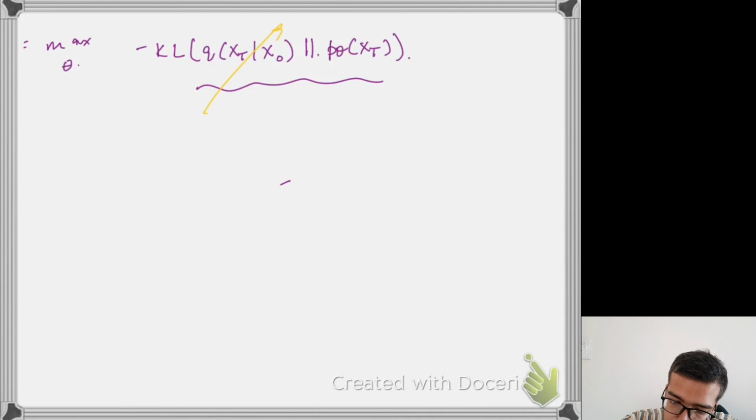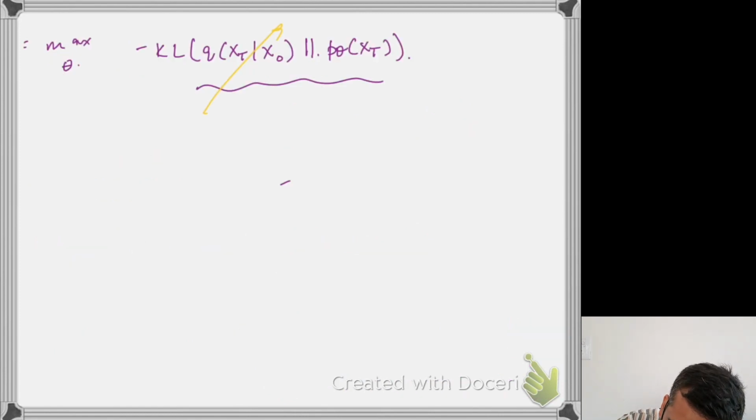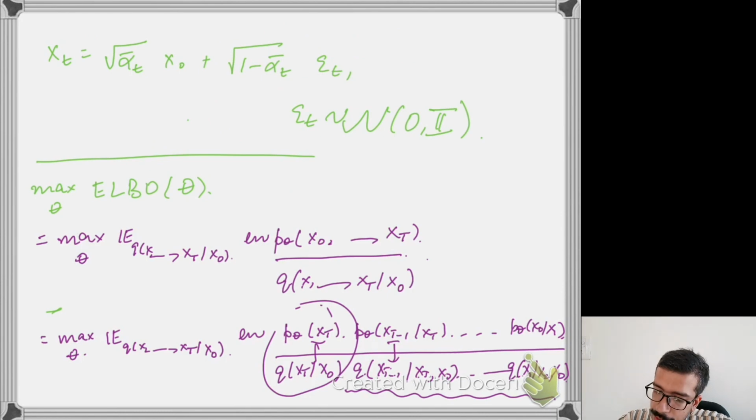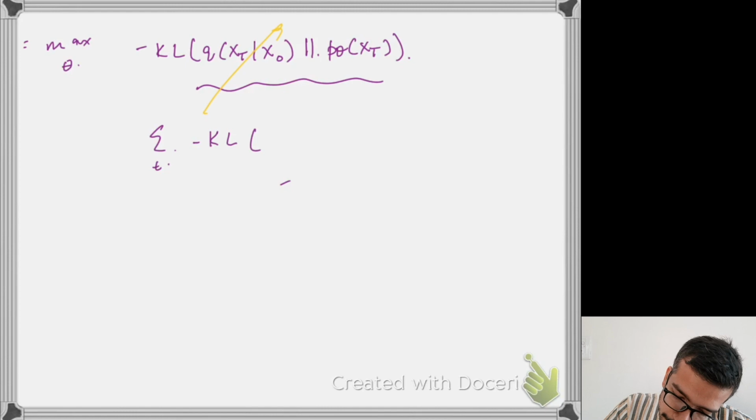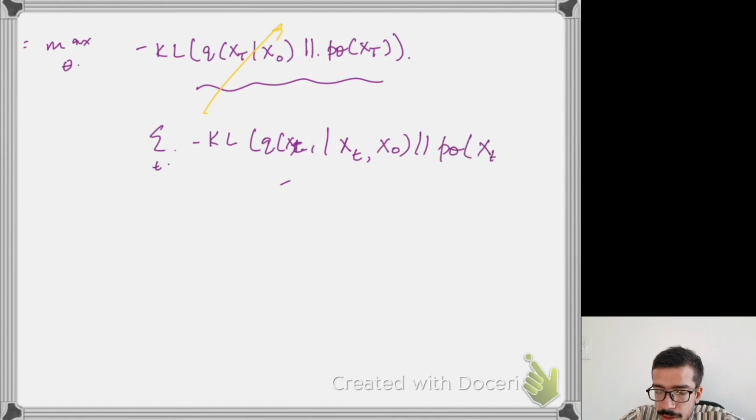But coming back to the remaining objective function, from these terms we are going to get a sum over all small t of minus the KL divergence between q of xt minus 1 given xt x0 and p theta of xt minus 1 given xt.